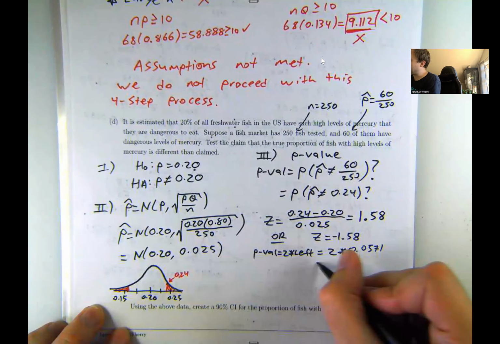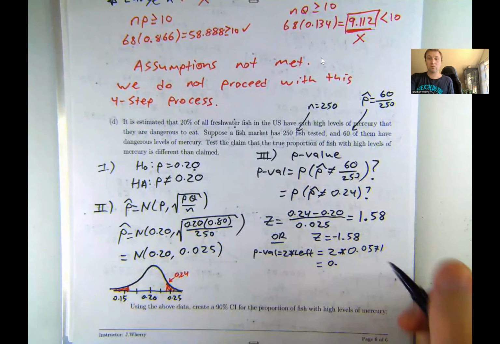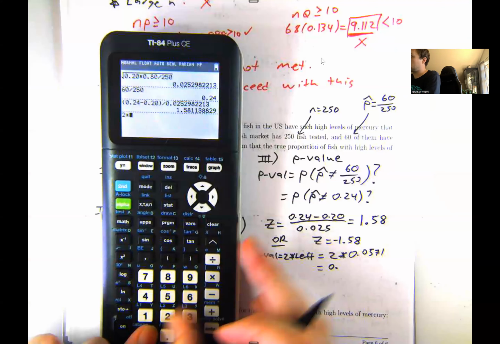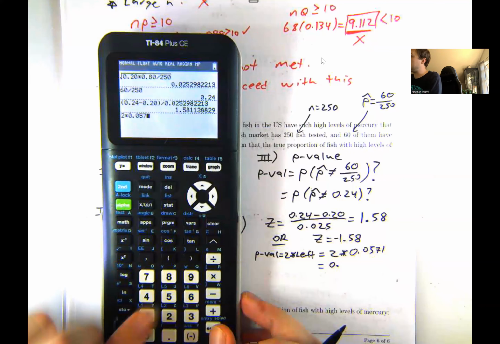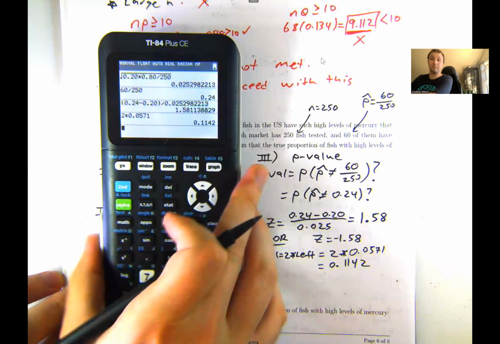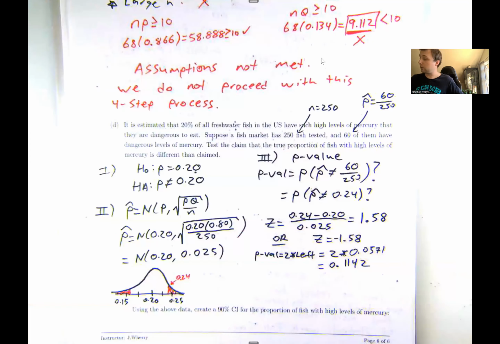When I multiply this by 2, this gives me a p-value of 11.42%. That's a pretty large p-value.